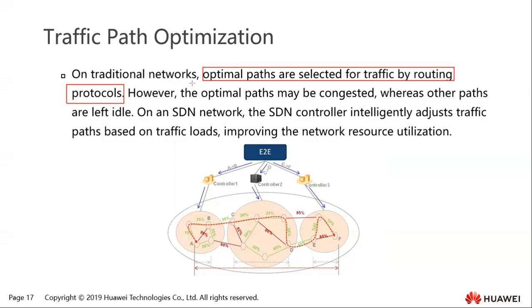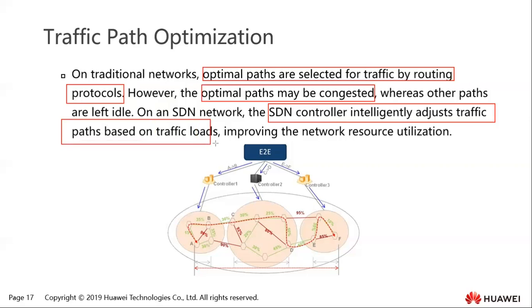However, the optimal path may be congested, whereas other paths are left idle. On an SDN network, the SDN controller intelligently adjusts traffic paths based on traffic loads, thereby improving the network resource utilization.